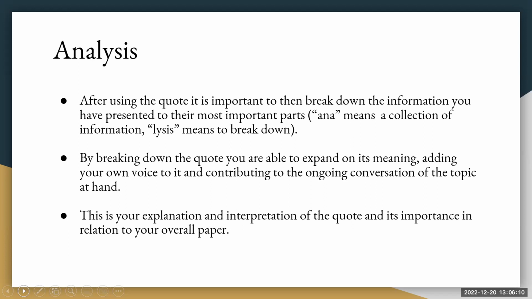A good rule of thumb to follow for analysis is for every one line of quote, so if I have one line of quotation in my paper, I want to have 2 lines of analysis. You want to double the amount of outside source in your paper with your own words. That way you can ensure you're fully breaking down your quotation or your evidence, and you're keeping that balance of words in your paper swinging in your favor.